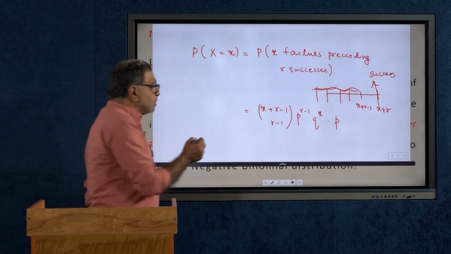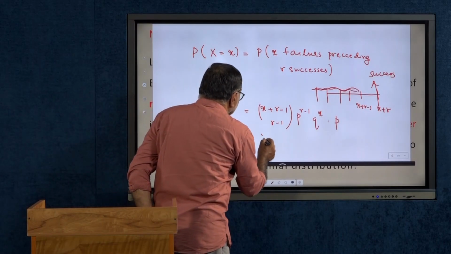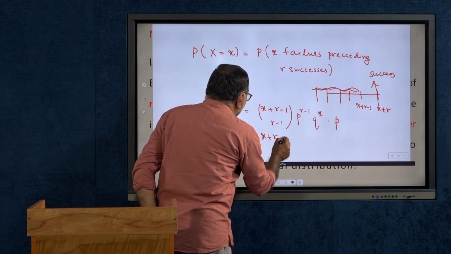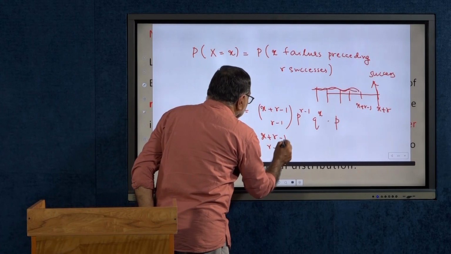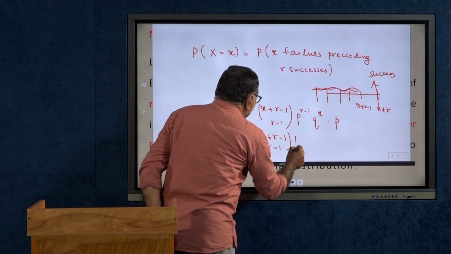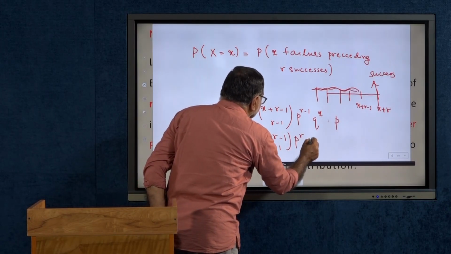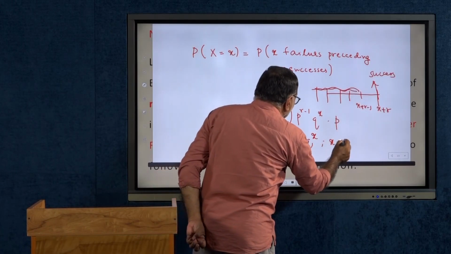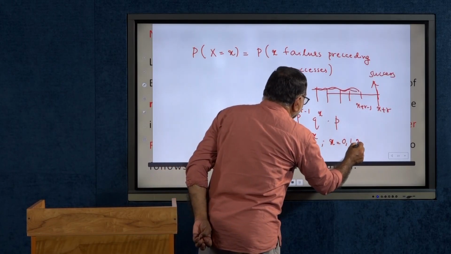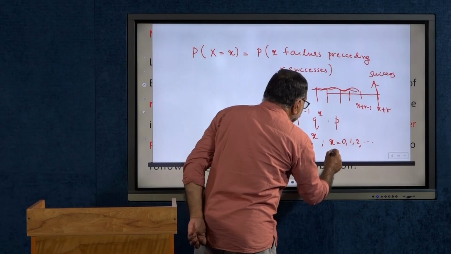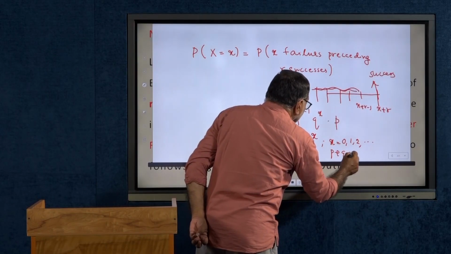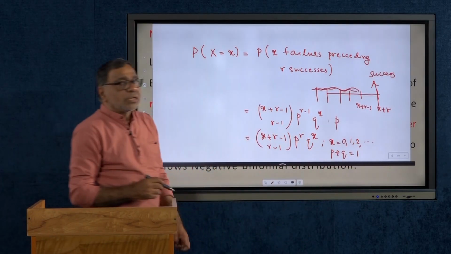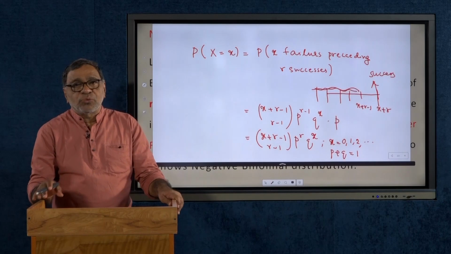That is equal to x plus r minus 1 C r minus 1, p power r, q power x. Remember, x can have any value 0, 1, 2, etc., and p plus q satisfies the relationship p plus q is equal to 1.